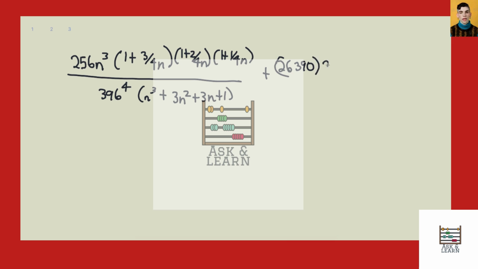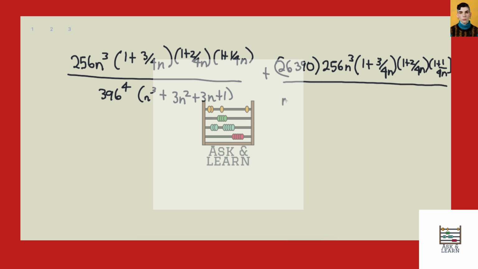So 4 to the 4th, 256. N cubed, and then also I'm pulling out the 4. And then down here, I'll pull out n from this term.